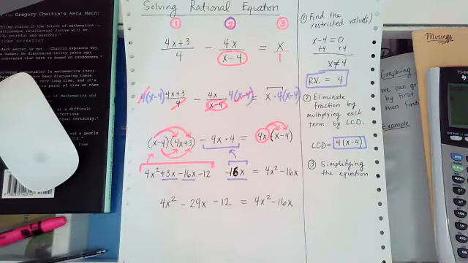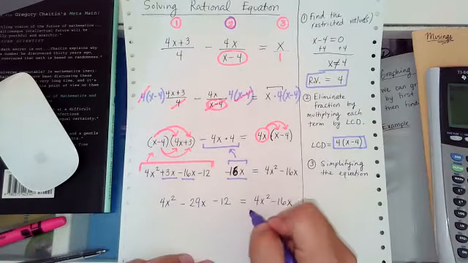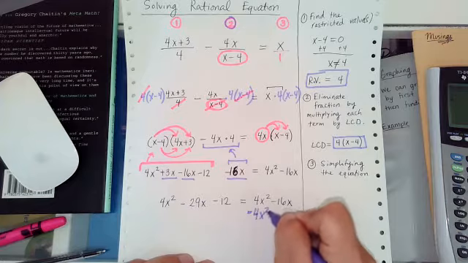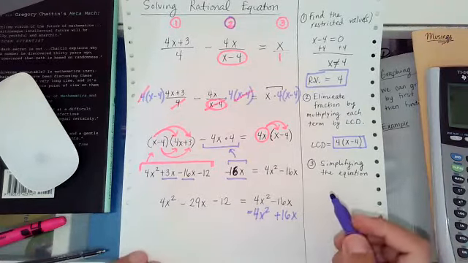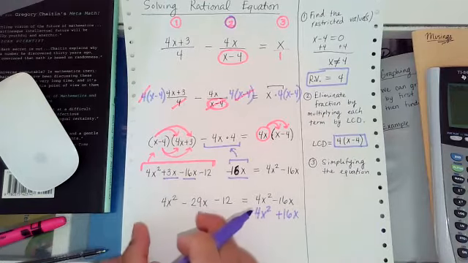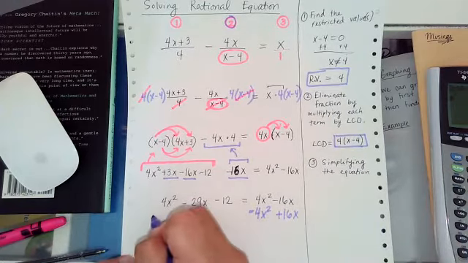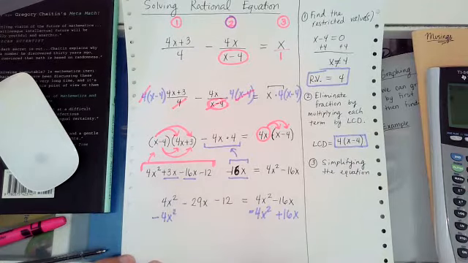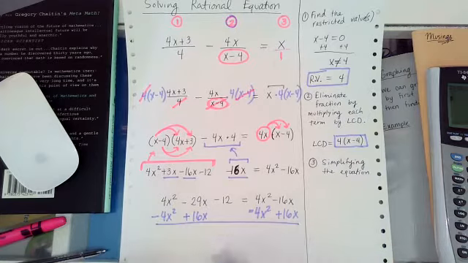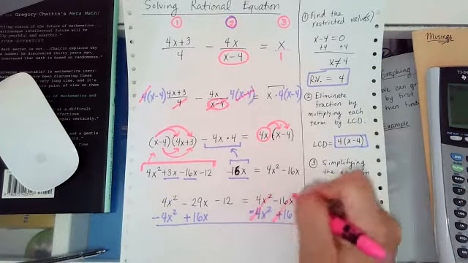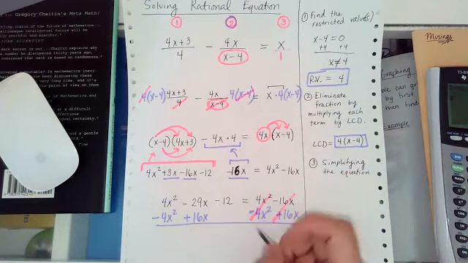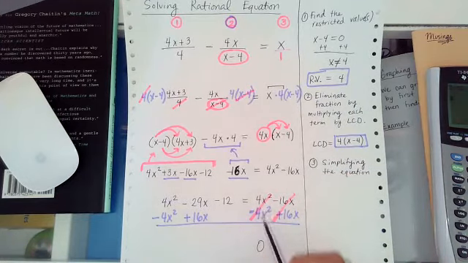Let's move all of our terms to one side of the equation. Let me subtract 4x squared here, and let me add 16x here. I'm going to do that same thing to this side of the equation. So I'm going to subtract 4x squared here and add 16x here. This side of the equation cancels out, but do not forget to put a 0 over here, because that's what we mean by canceling out. 4 minus 4 is 0.